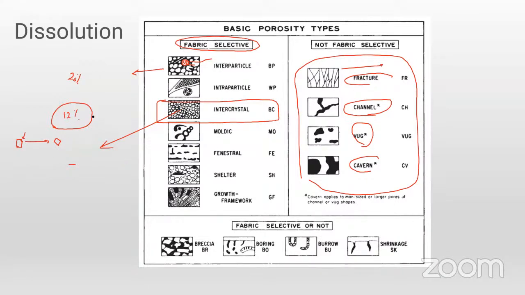So dolomitization is very important for us because the reduction in volume creates porosity, and the pores are connected to each other.